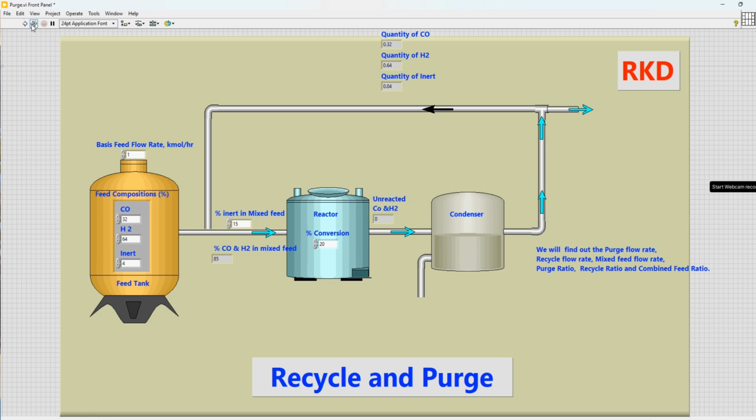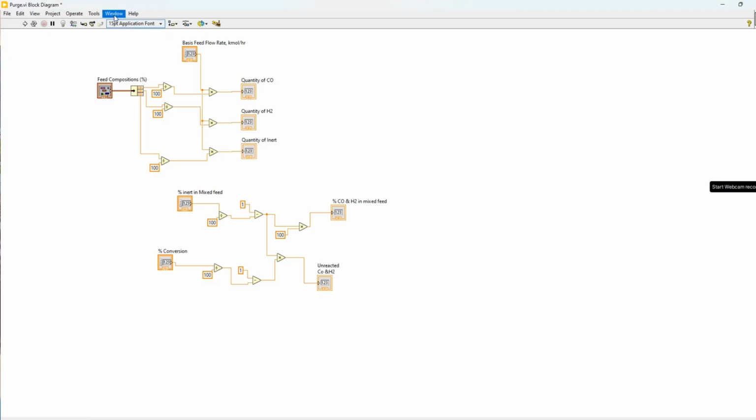Okay, let me check how this value is coming. This is 0.68 of M actually. Okay, now this is the one part of unreactant, and another is your inert. This inert is also unreacted.